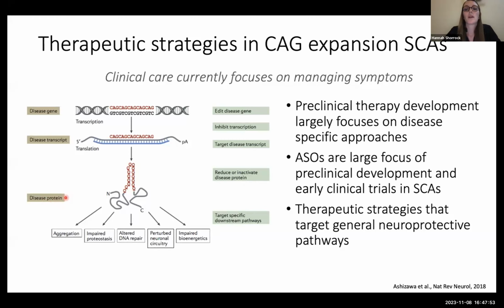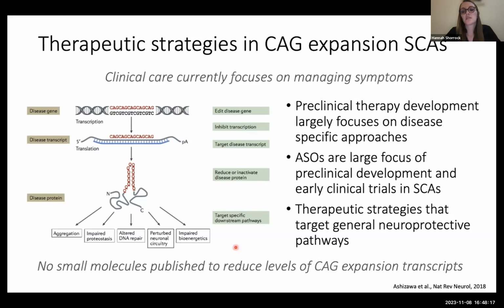So for example, one area that has a lot of preclinical development is using antisense oligonucleotides that would target the disease-specific transcript to be able to reduce the overall burden of these CAG expansion transcripts. There are also therapeutic strategies that target general neuroprotective pathways, so targeting some of these downstream aspects of the disease here.